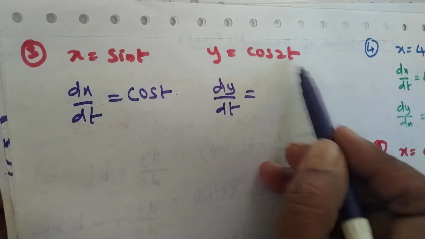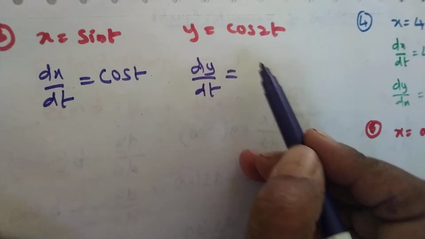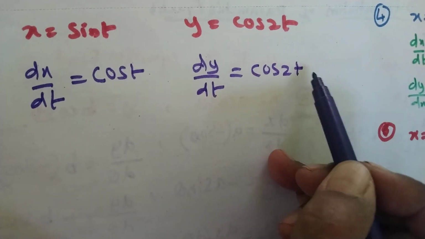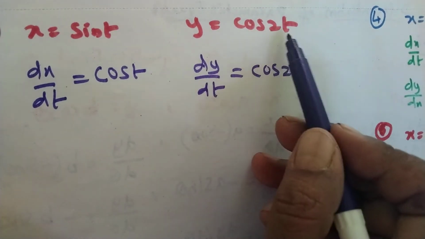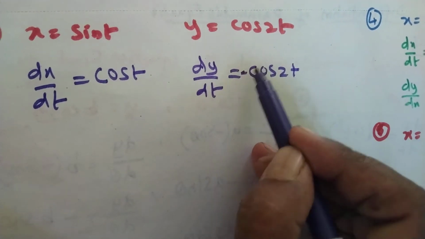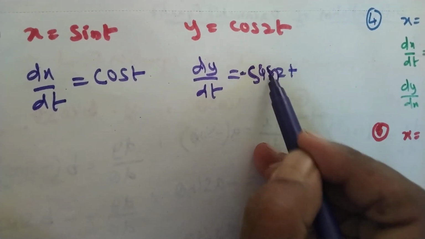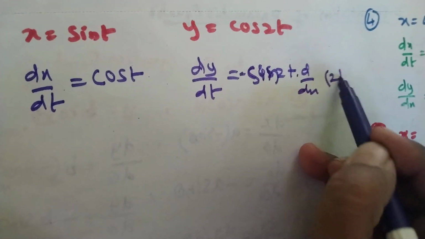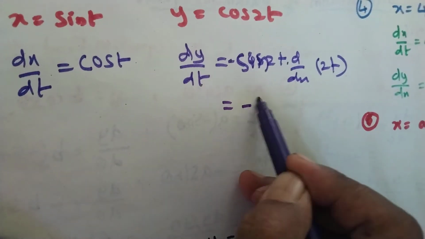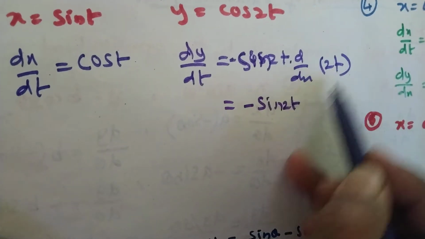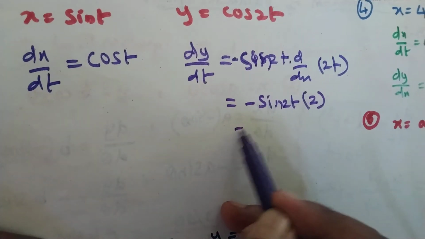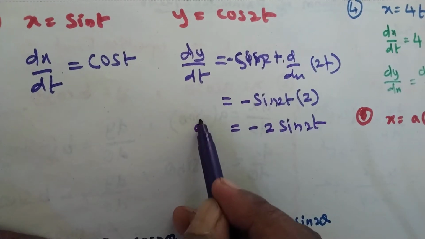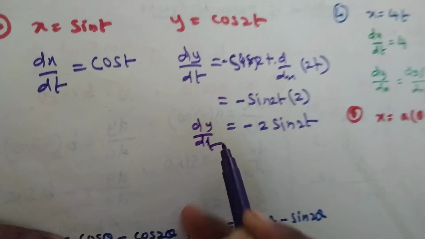Differentiation of cos 2t is minus sin 2t into differentiation of 2t, which is 2. So this is minus 2 sin 2t. This is dy by dt.